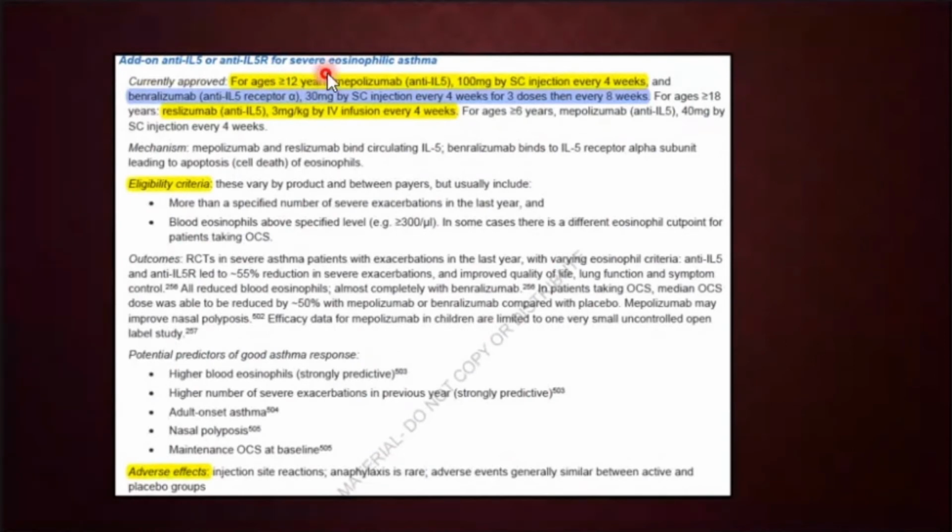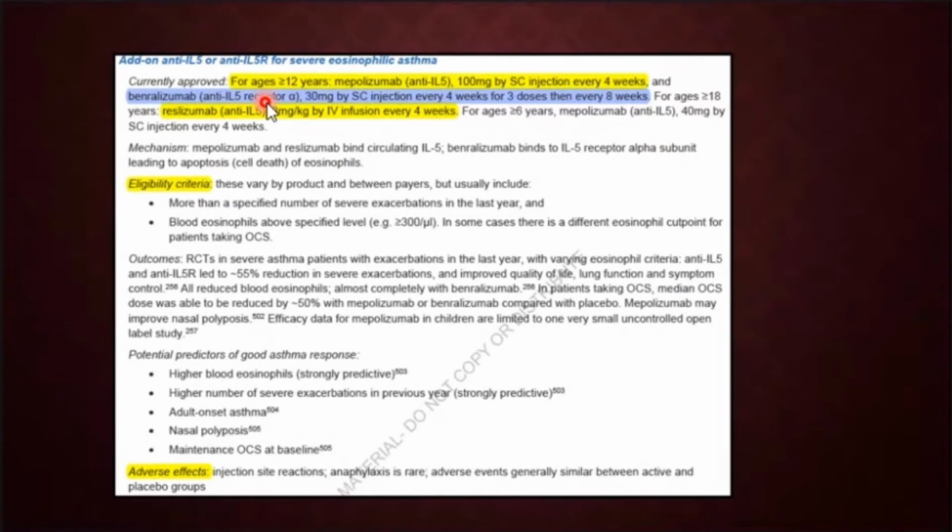This is especially when we have a very high eosinophil count. Okay, so it is because these will act on IL-5, and IL-5 acts on the eosinophils. The currently approved medications include mepolizumab, which is an anti-IL-5, given 100 milligrams by subcutaneous injection every 4 weeks.